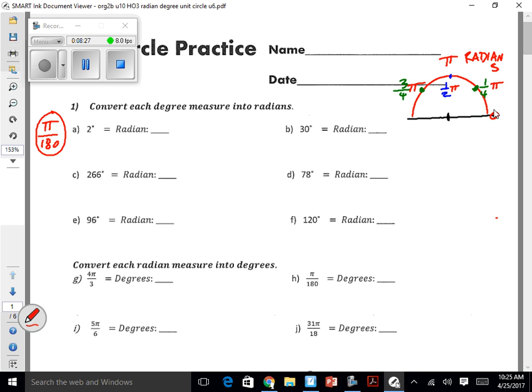Here it goes. Put down my 2. I'm going to put it right here. 2 degrees. I'm going to make my times sign for my dimensional analysis. Then I'm going to put that lovely pi over 180 right next door to it. How do you know that you've made it from degrees to radians?